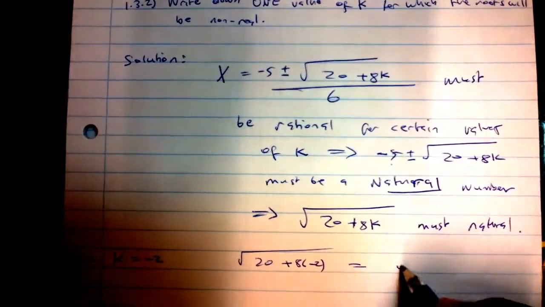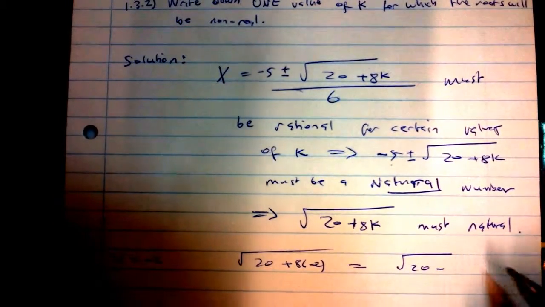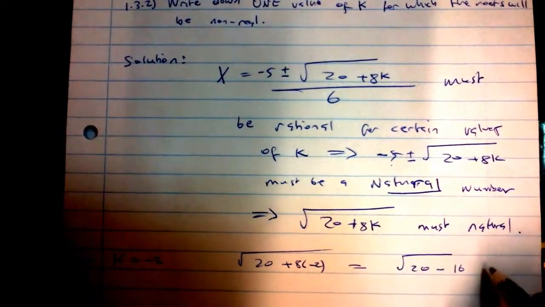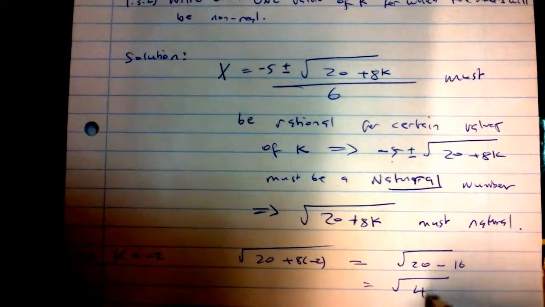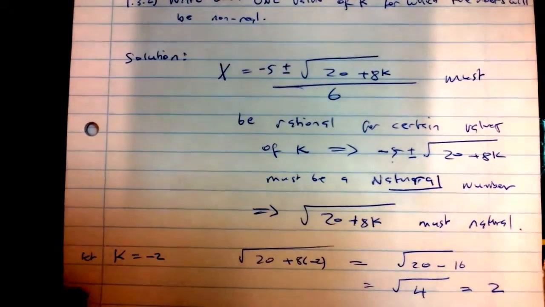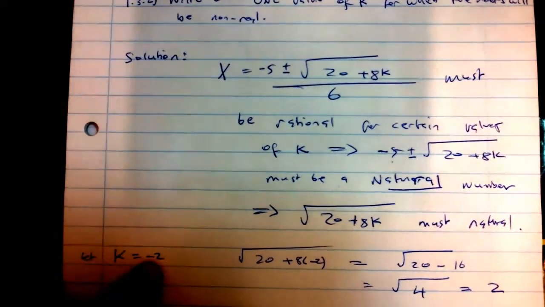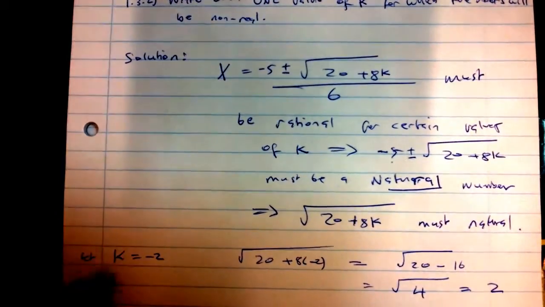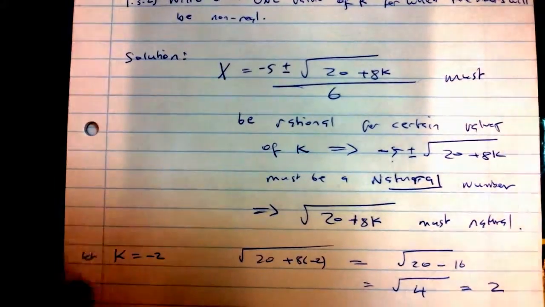This will give you root of 20 minus 16, which is root of 4, which is 2, which is a natural number. It's not 2 point something or anything like that, it's just 2. So clearly, if you plug in k equals -2, you find that that's a natural number.